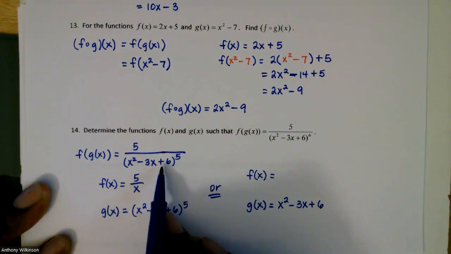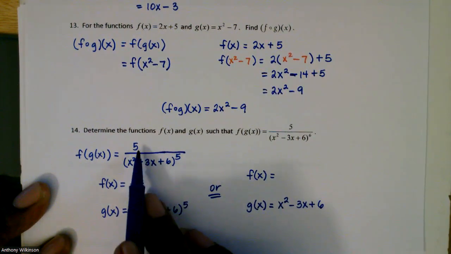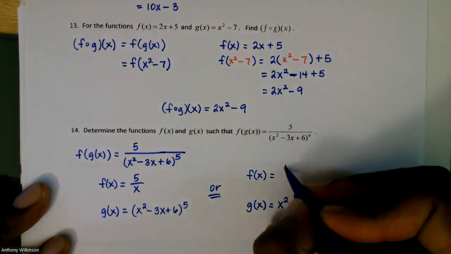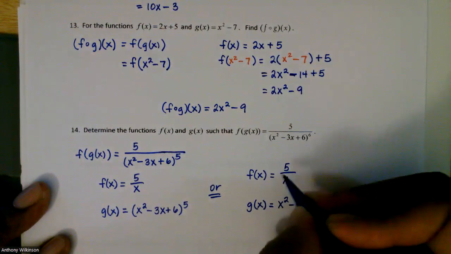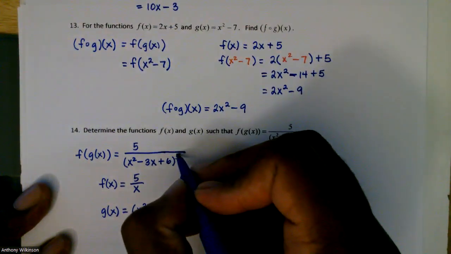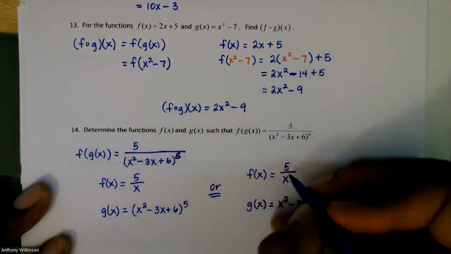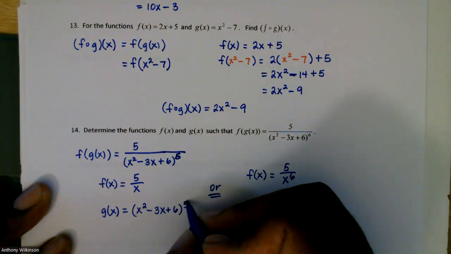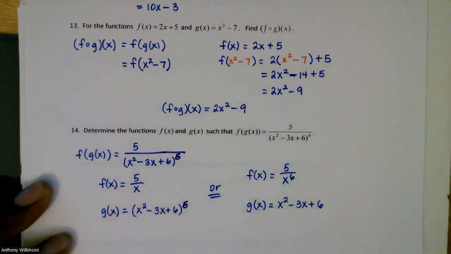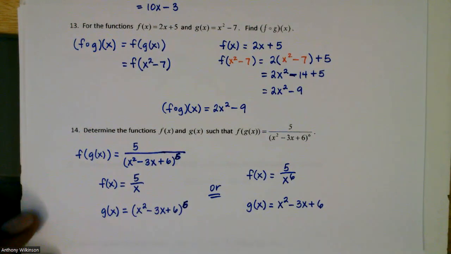And if this expression was put in place of x in the f of x function, that means that the f of x had to begin as 5 divided by x raised to the 6th power. So f of x is 5 over x to the 6th. G of x is equal to x squared minus 3x plus 6.